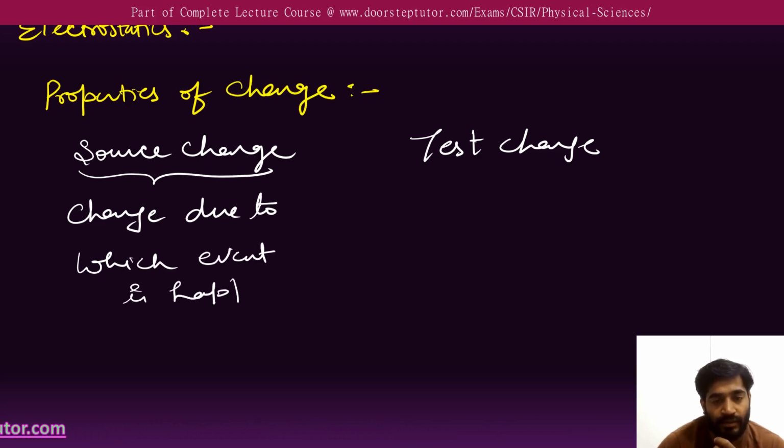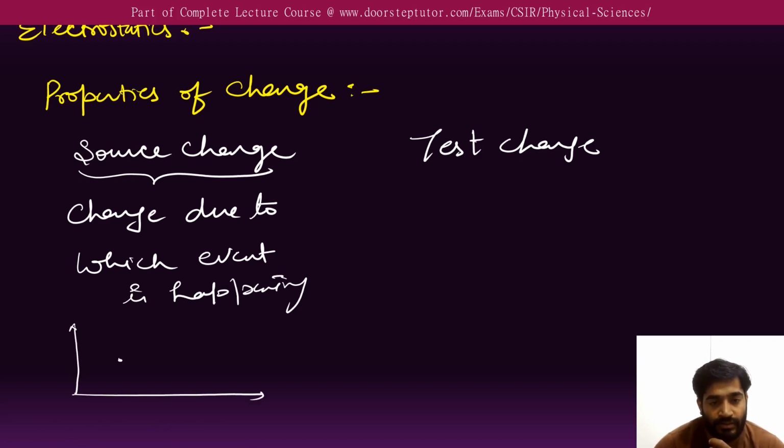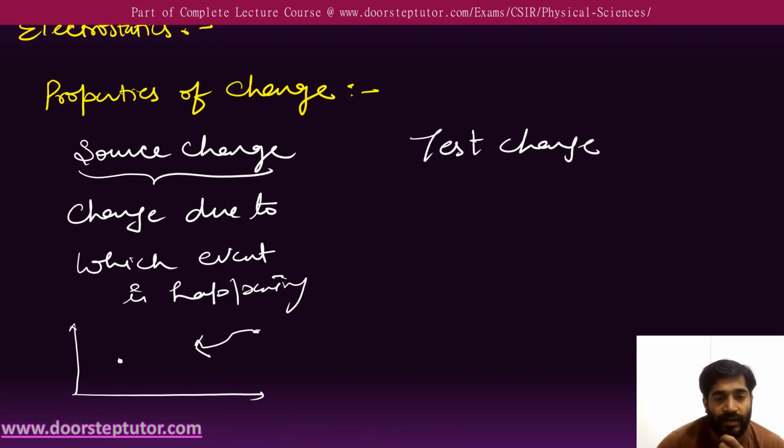So what does it mean? Consider any event. Event means, like this: one charge is at rest, another charge is moving. Due to the movement of this charge, there is an effect on this stationary charge.